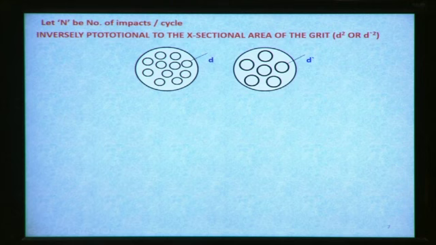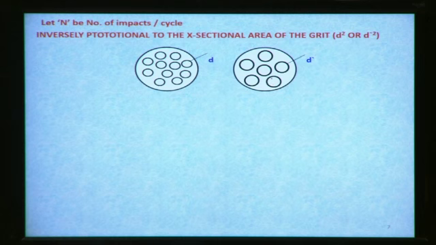So under this tool here, as the abrasive particle grit diameter is small, we can accommodate a larger number of abrasive particles, and here as the abrasive particle diameter is bigger in size, under this tool we can accommodate only a very small number of abrasive particles.